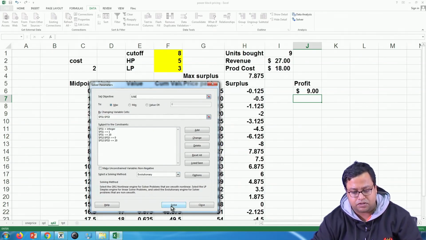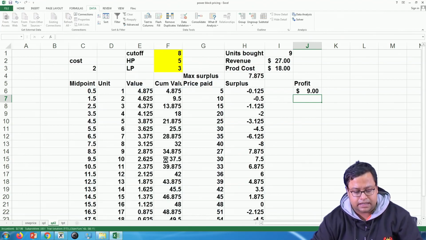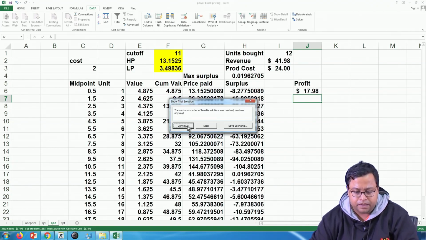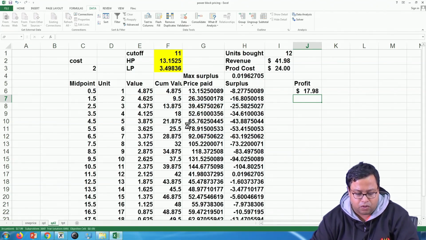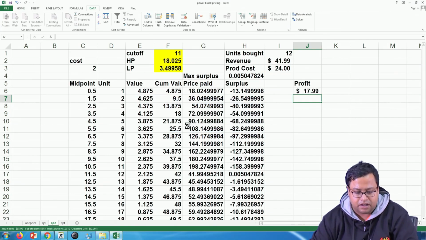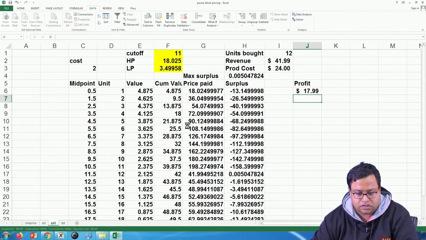So, I will just try to solve this, and it will run. It has given me some result, and I can probably continue a little bit more. So, 17.98, 17.99, I can further continue, and let us see what else I get. It is giving me some price $18 and $3.5, which makes sense.